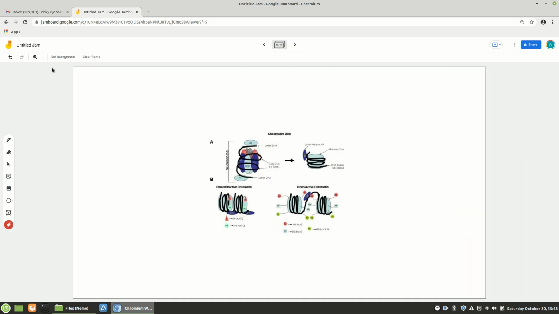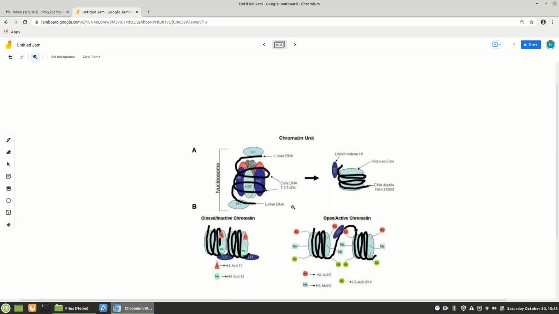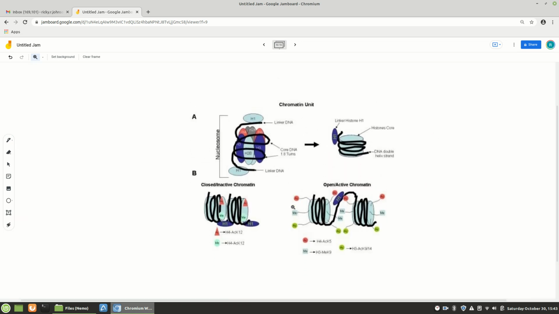All right, a little bit more here. Let's zoom in a bit. Now, there's a lot going on here. We're looking at a single nucleosome, a chromatin unit, as it's called here. Notice the H1 is actually not in that group. It's out here, and the linker DNA is what's attached to the H1.